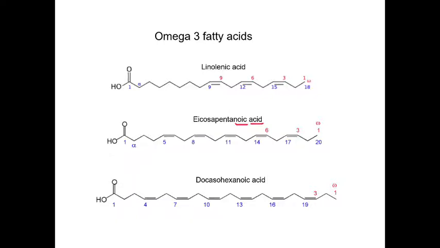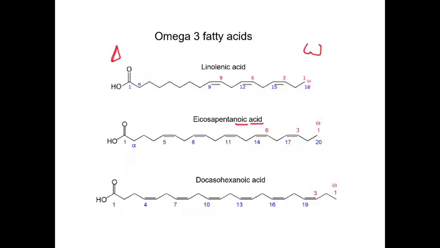Now notice all 3 of these are omega-3 fatty acids. If you look at the numbering that they did, in blue is the counting from the delta end, and remember the delta end is the end where the carboxylic acid group sits, and the omega end is the opposite end of the molecule. And they did numbering for both the delta and the omega.